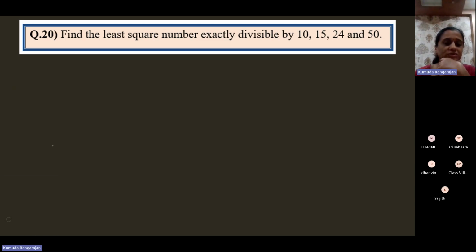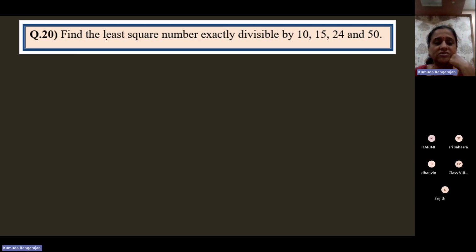I explained this question in the last class. We have least meaning smallest. 120 is not divisible by 50, so 120 is not the LCM.